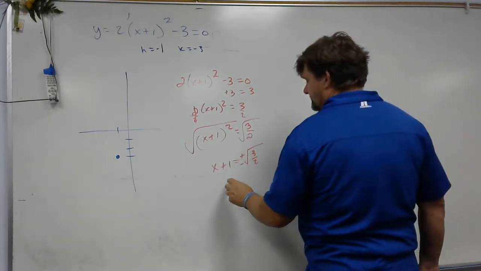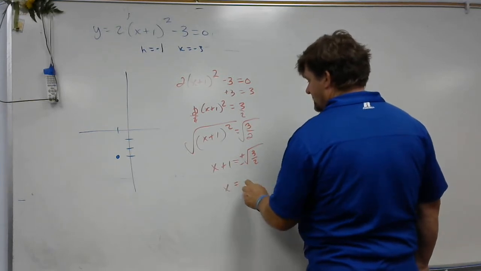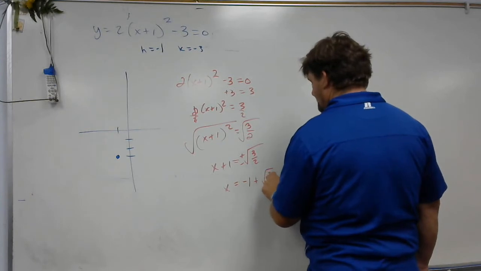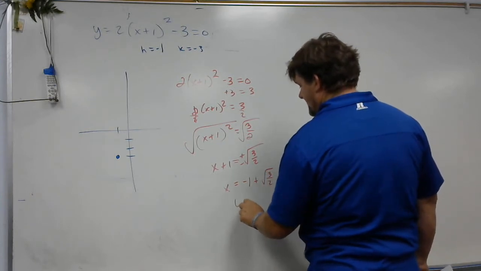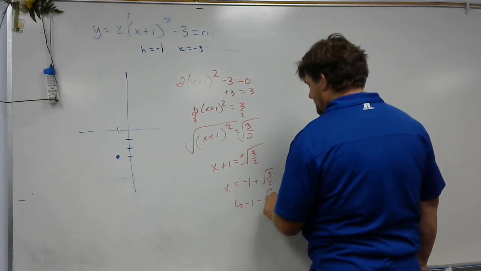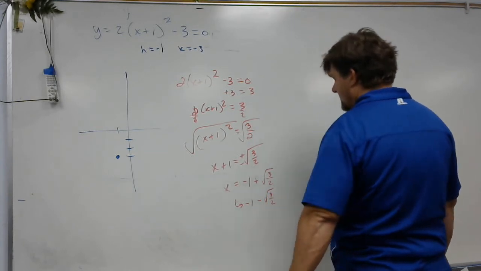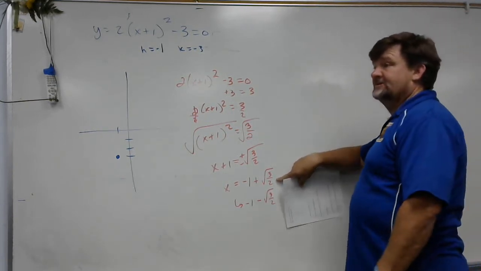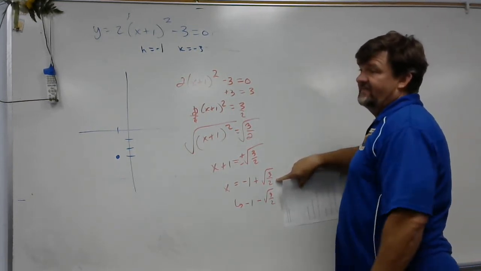And then you would use your calculator at this point, and you go, okay, -1 plus the square root of 3 over 2. You put that in your calculator, and then we have an or, -1 minus the square root of 3 over 2. So that's 1.5.